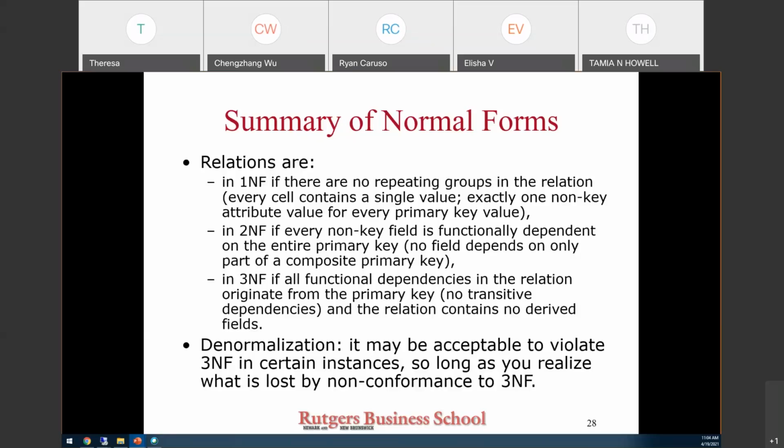You should consider what insert, update, and delete anomalies result from such violation. If these anomalies are undesirable, then the normalization violations should be corrected.